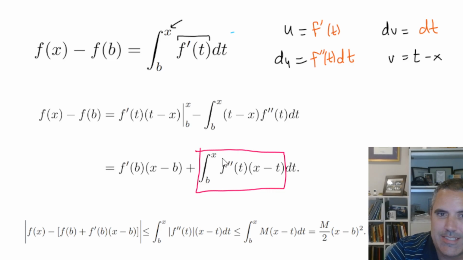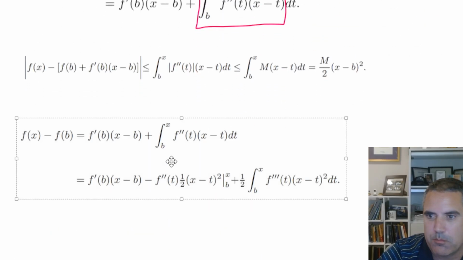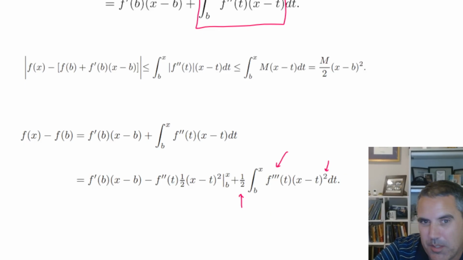It's weighting this second derivative by this linear function. And if you go to the next term, it looks like this. If you do integration by parts again, you get the third derivative, you get a half and a 2 from doing that integration by parts again. So you're weighting the third derivative by this square.